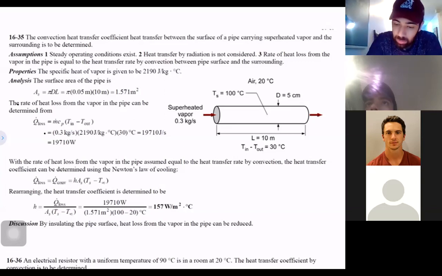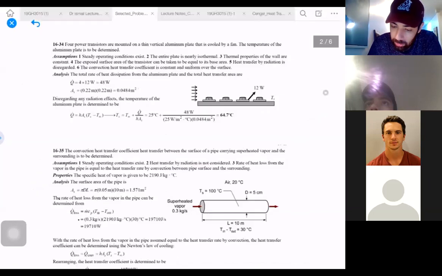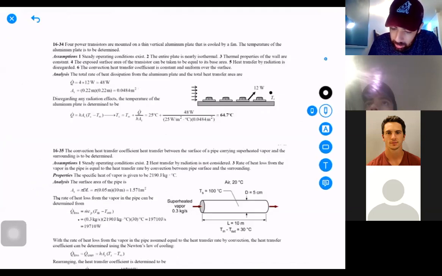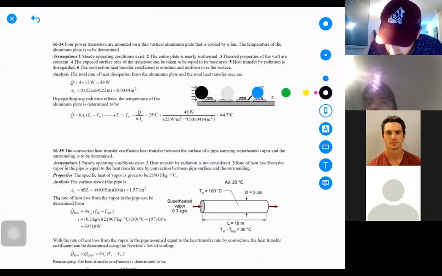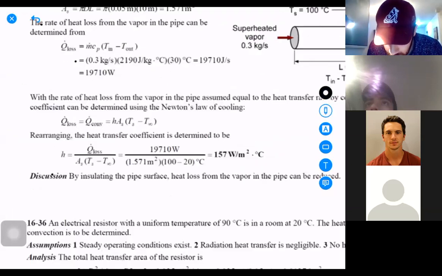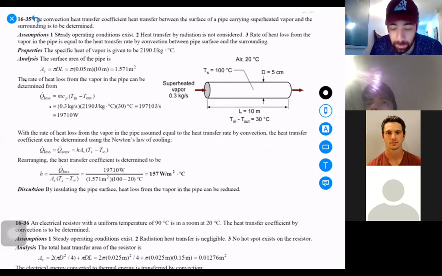and let me use my pen again here. So the superheated vapor is coming from the left side here. So it is called superheated vapor. And we know superheated vapor is so hot.